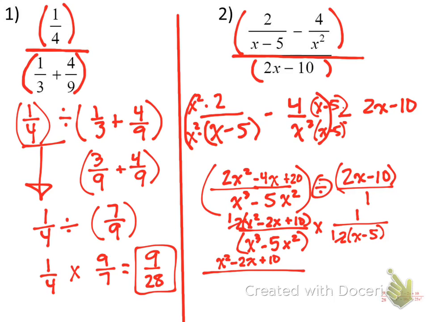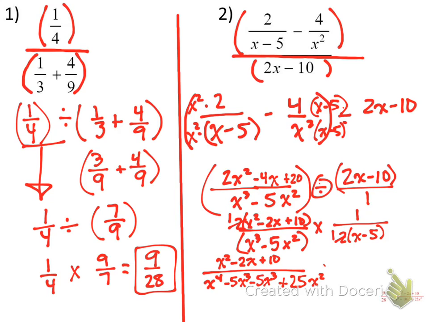The denominator, we have x cubed times, so it's this binomial times this binomial: x cubed times x is x to the 4th. X cubed times negative 5 is negative 5x cubed. Negative 5x squared times x is negative 5x cubed again. And then we have negative 5x squared times negative 5 is positive 25x squared.